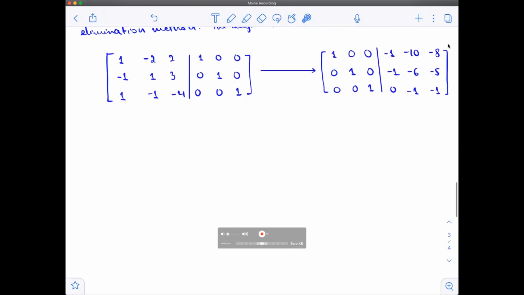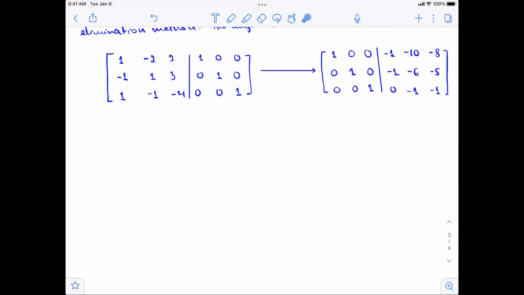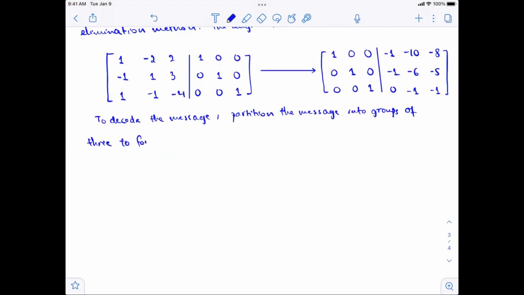So now to decode the message, we partition the message into groups of 3, because the matrix you received is a 3 by 3 matrix, to form the coded row matrices.